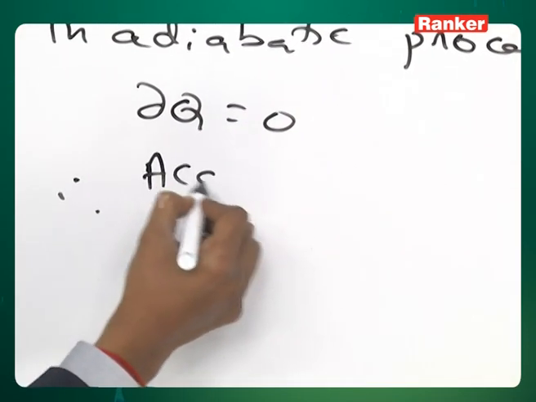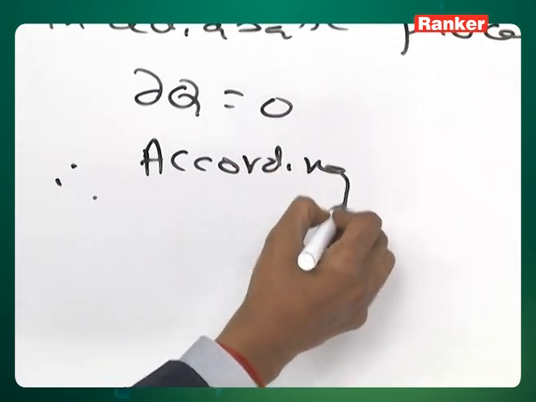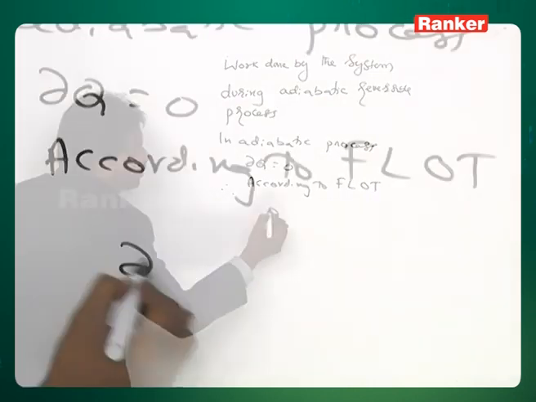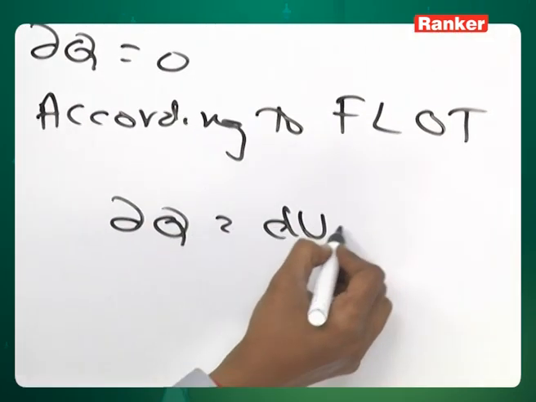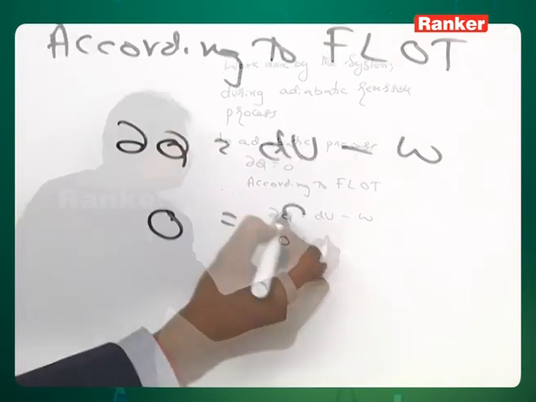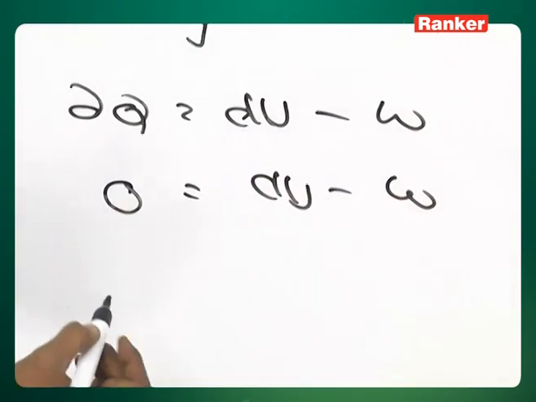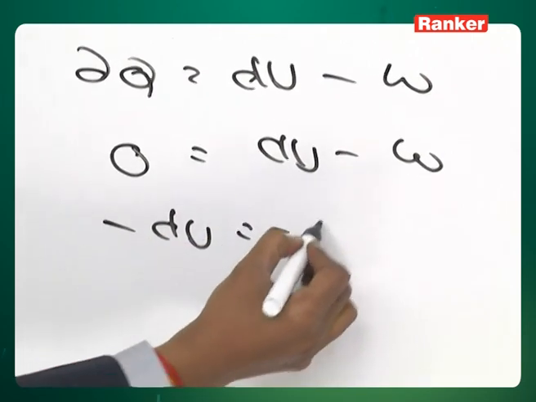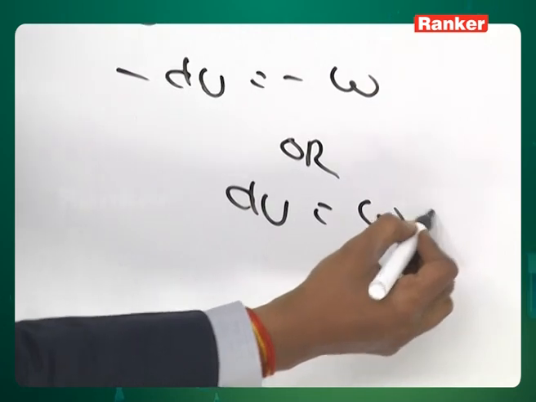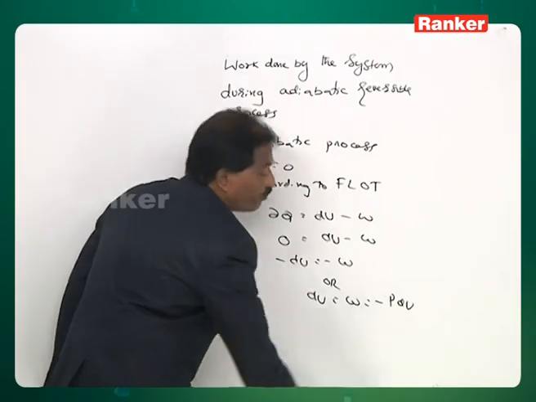Therefore, according to the first law of thermodynamics, dQ is equal to dU minus W. Therefore, this term is 0. Therefore, 0 is equal to dU minus W, or dU is equal to W, that is equal to minus PdV.